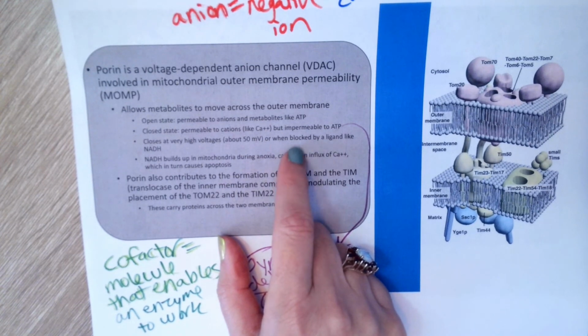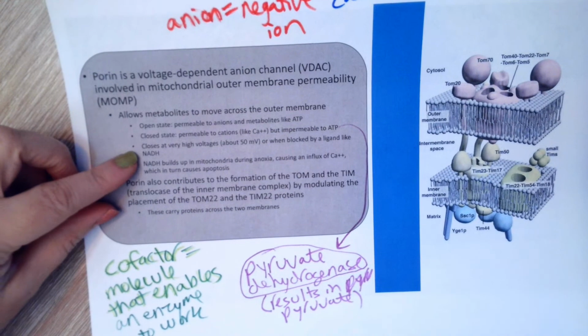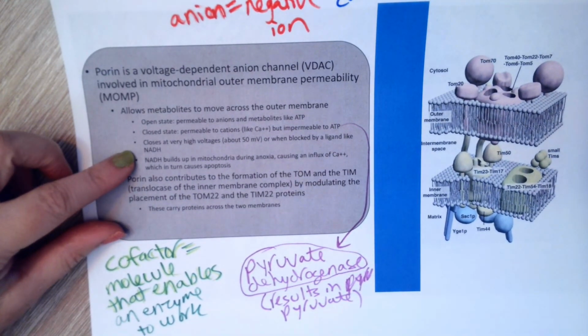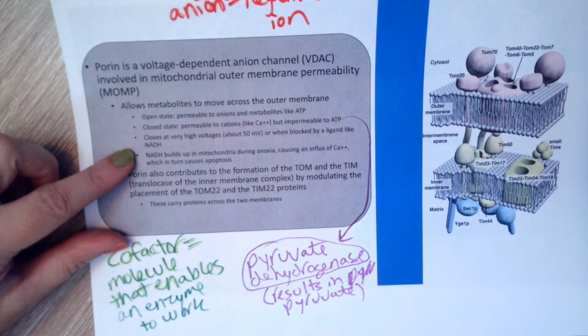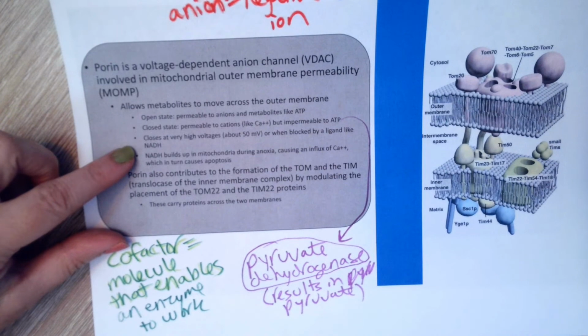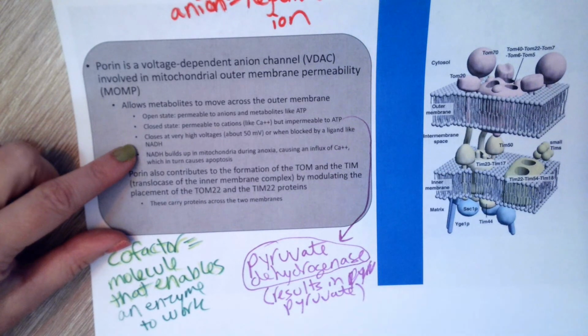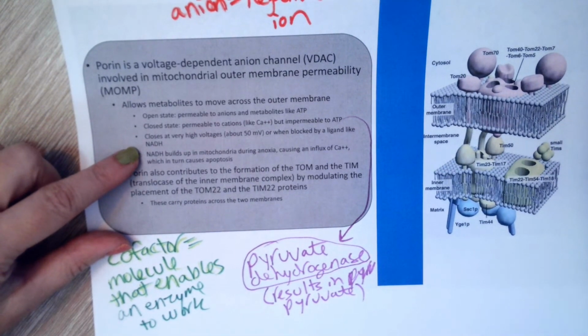So when you have NADH building up, think about the situation that causes you to have NADH building up. NADH is used in the electron transport chain. And so you're in the middle of the Krebs cycle, and if you would be using the Krebs cycle, you'd be taking the electrons off of NADH and you'd be bouncing them along the electron transport chain, and the end result, or the end electron acceptor, would be oxygen.